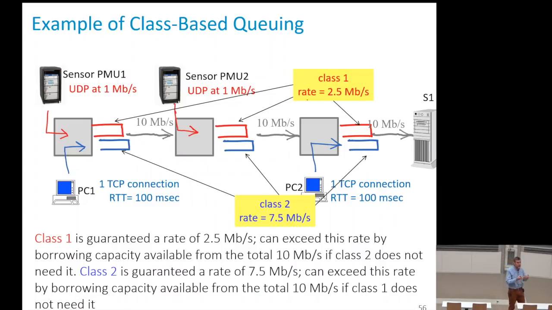So if this PMU, for whatever reason, has a bug and sends way more traffic than it should, it will drop a lot, but the damage will be mitigated to this red fraction here. The blue will still get the 7.5. So the blue will get the minimum guaranteed and more if the other classes are using less than their fair share.